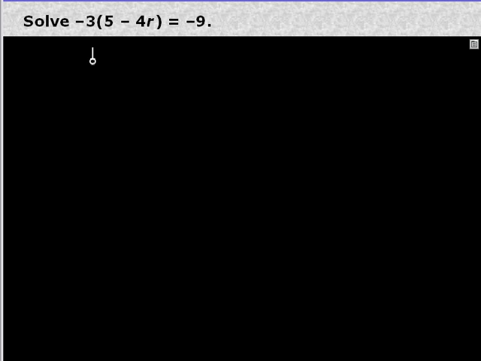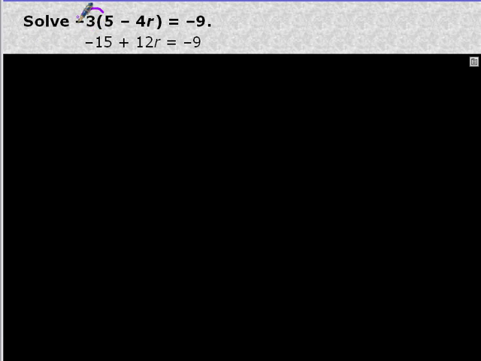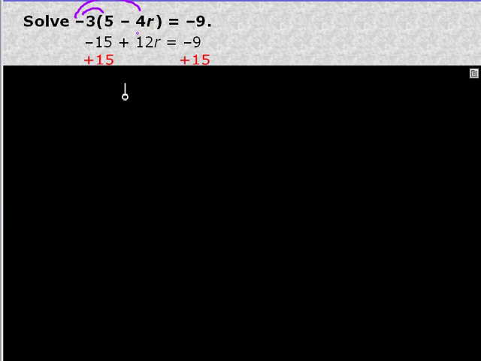Solve the equation -3(5 - 4r) = -9. You can do this multiple ways. Some people would choose to divide out the -3 on both sides. In this example from the book, they use the distributive property to distribute the -3. Just be careful, you're multiplying a -3 by a -4 essentially, so this is going to be a positive 12.